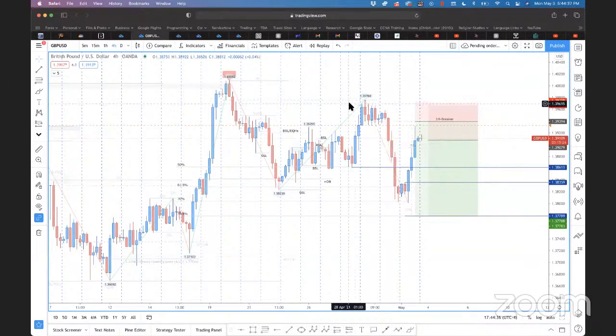Just like over here, I would have been trading off of this order block to get this trade, knowing that my entry would have been around this area and my stop loss around this high.